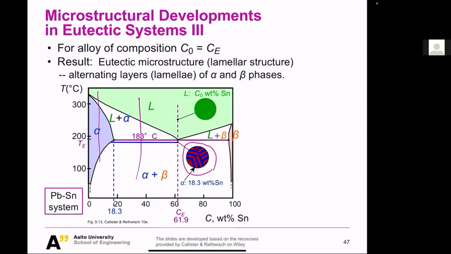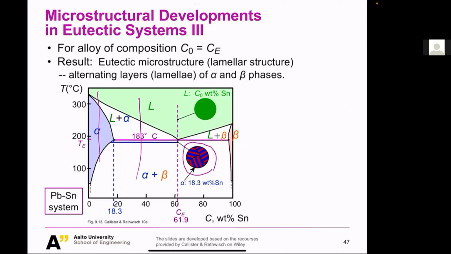Basically, this process is driven by diffusion of lead out of tin or tin out of lead, vice versa. So at one place, the lead is leaving the tin, and you're creating a beta phase, and at the same time, you're creating an alpha phase. And this process just happens alternatingly, and that's why you're creating such a layered structure.